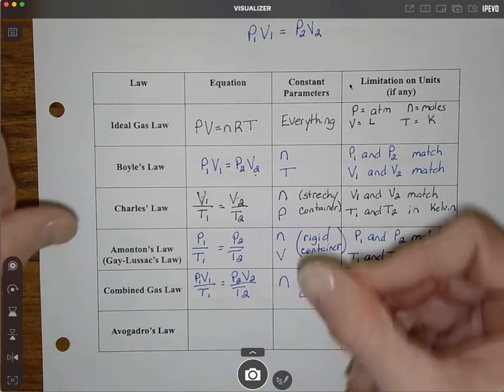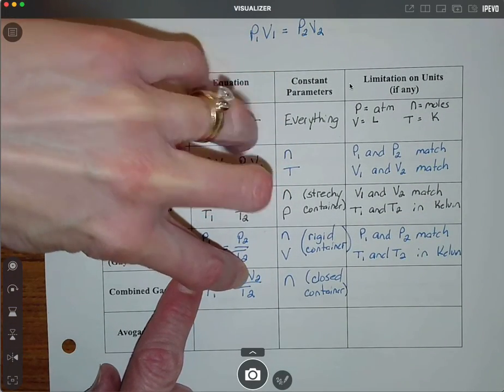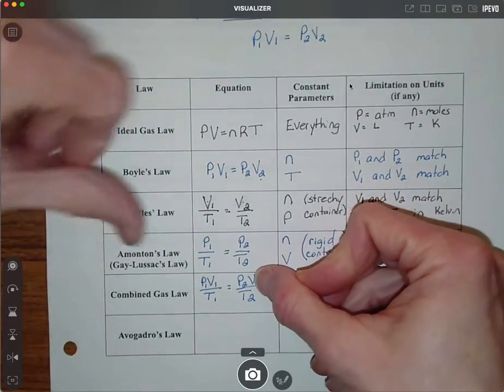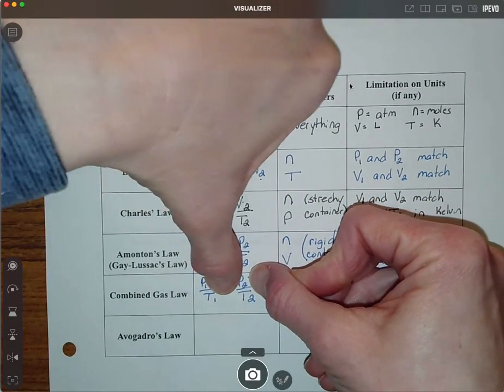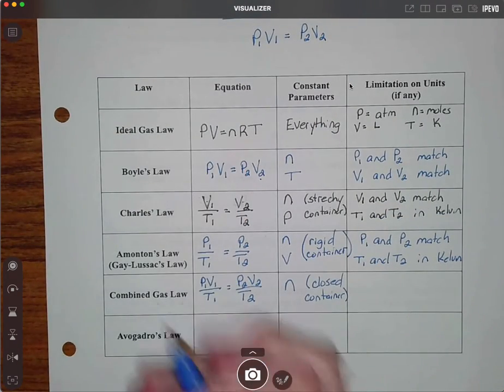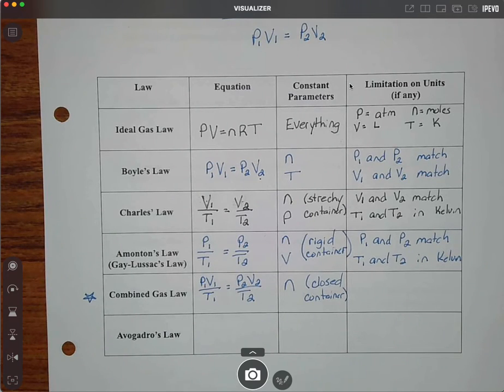If the pressure is constant, P1 and P2 are going to cancel one another, and you have Charles' law. If the volume is constant, V1 and V2 are going to cancel one another, and you have Amonton's law. This is the one right here that's worth knowing because all the rest of them are built into that one.